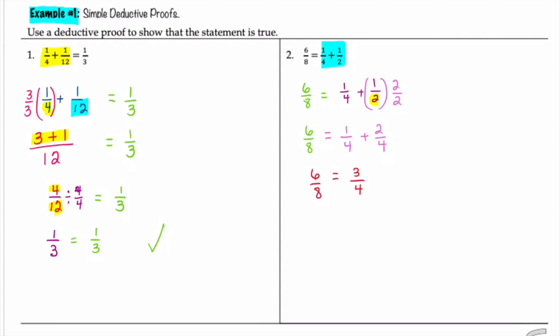At this point, since I have this right-hand side all simplified, I am going to take a look at the left-hand side and simplify that. So I have proven that the left-hand side is equal to the right-hand side, or the right-hand side is equal to the left-hand side.